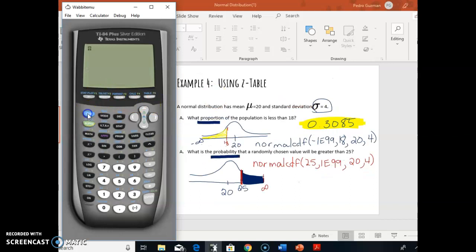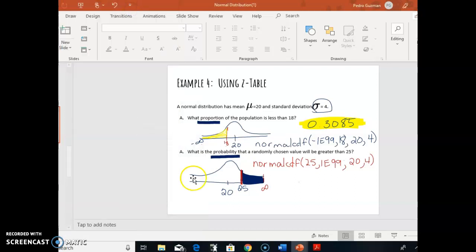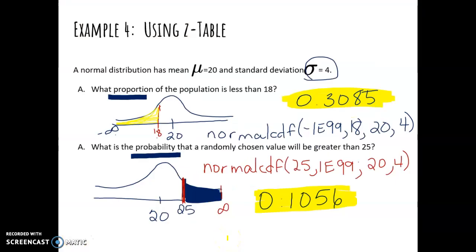So in the calculator, second vars, number 2, 25 is the lower boundary, 1 second comma 99 is the upper boundary, 20 and 4. 0.1056 is the probability. Okay, 0.1056 is the answer. So the probability that a randomly chosen value will be greater than 25 is about 10.56%.